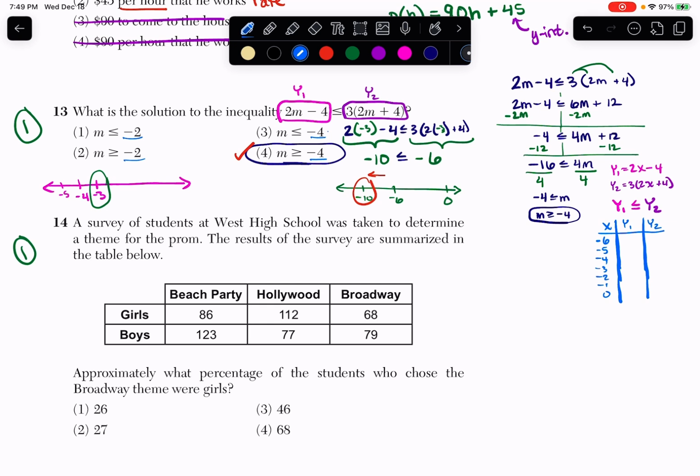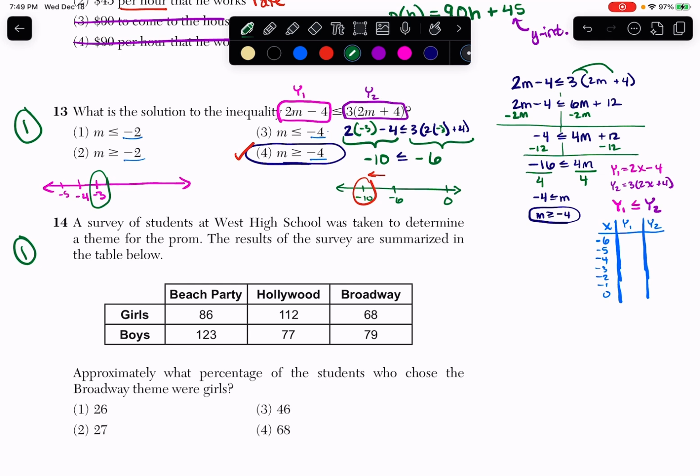If I fill this in, when x is negative 6, my y1 is, I'm doing this in my head because my phone just died.